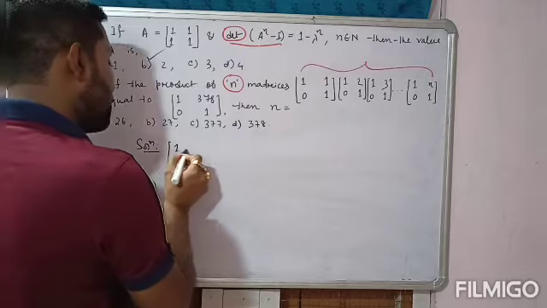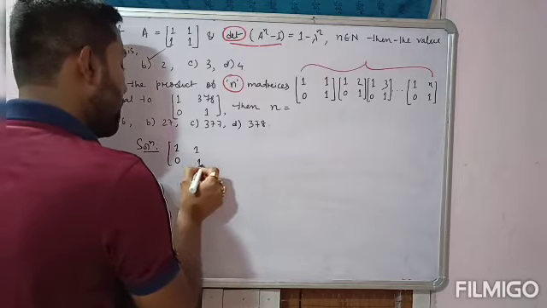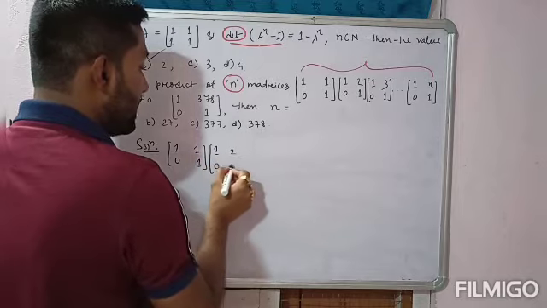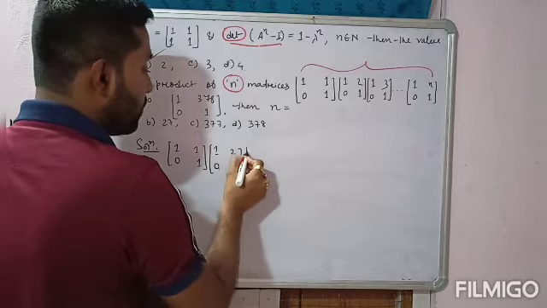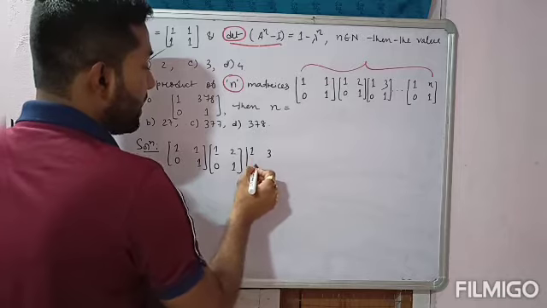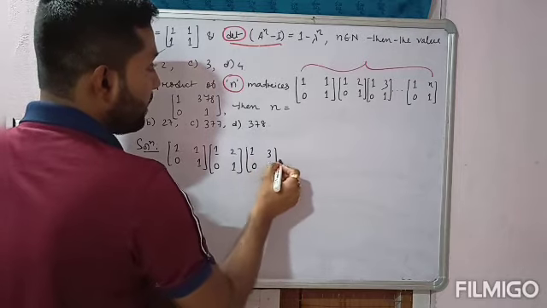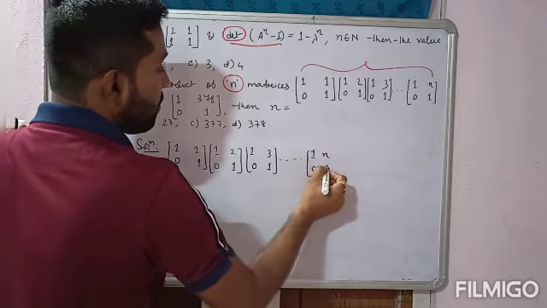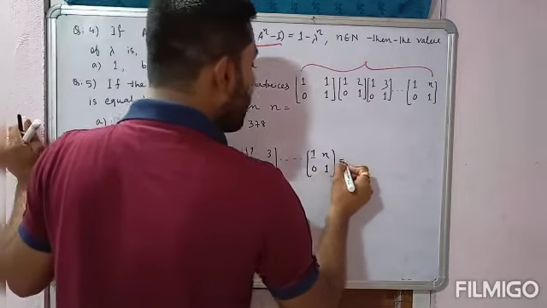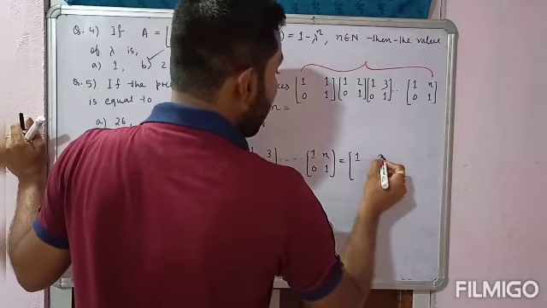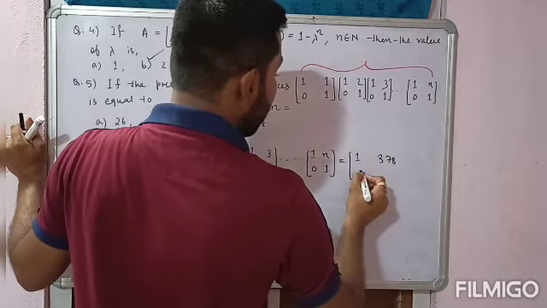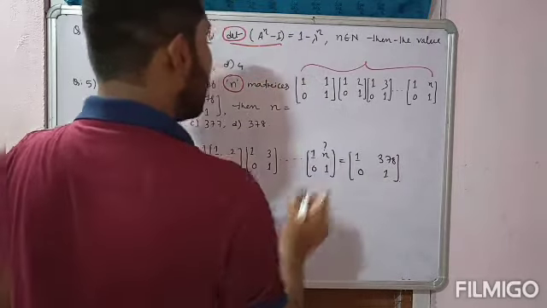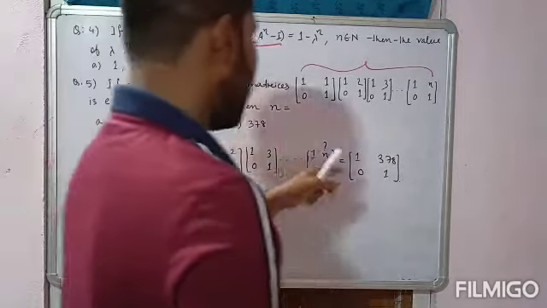The matrices are 1 1 0 1 into 1 2 0 1 into 1 3 0 1 into dot dot dot 1 n 0 1, equal to the matrix 1 378 0 1. It is given, so you have to find the value of this n only.